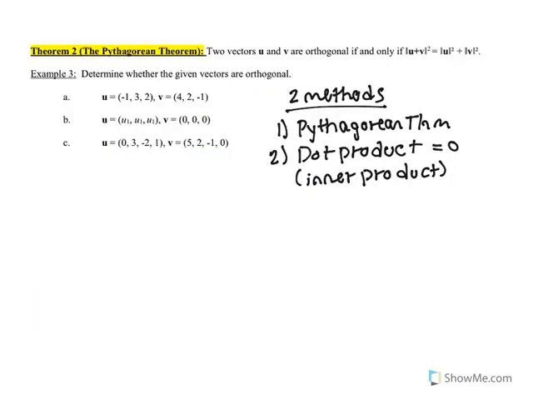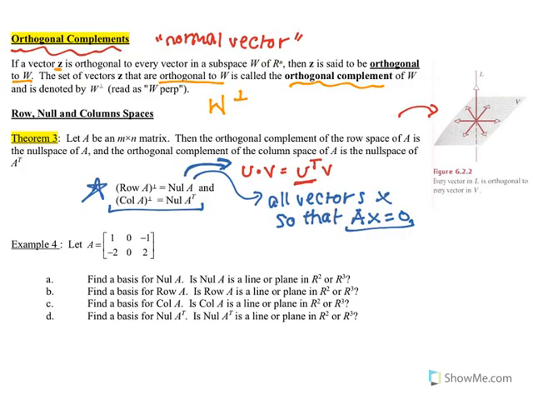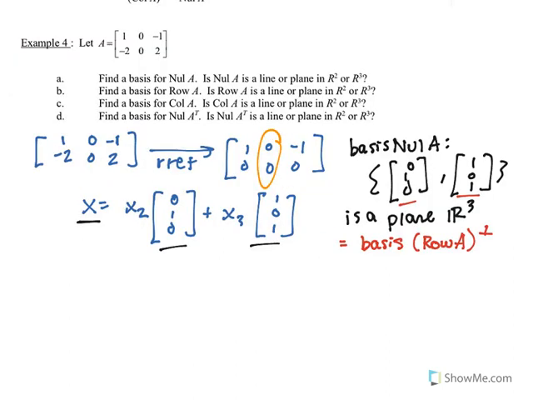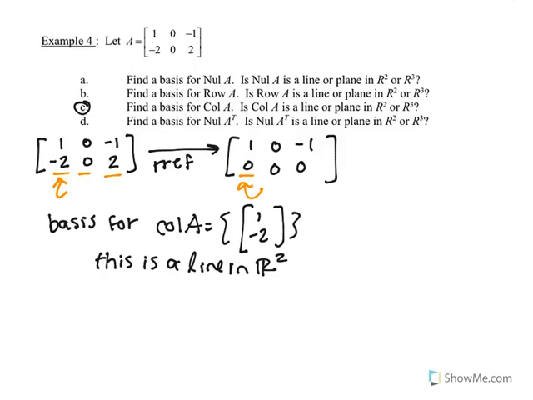And then we tied this all back in to what we were doing in chapter 4 and 5 by writing a basis for the orthogonal complement, writing a basis for all vectors that are orthogonal to a certain subspace. And we put down two definitions for our note card, was that the orthogonal complement to the row space is just the null space of A, and the orthogonal complement to the column space is just the null space of A transpose. And then we reviewed how to find a basis. Okay, that's it for today.